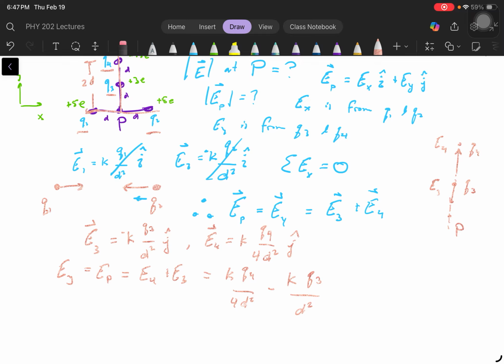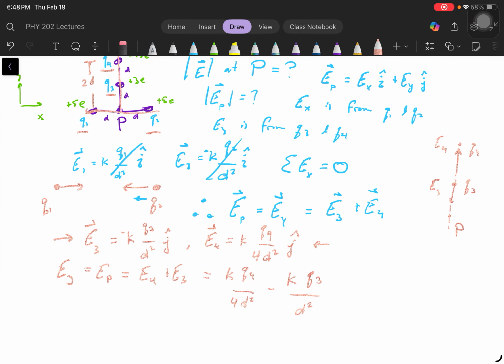I can treat them all as positives because the minus sign was taken into account doing this. And it is a little counterintuitive. The positive one got the negative sign and the negative one keeps the positive sign. But that just has to do with how we define our coordinate system, and the direction of the electric field is dictated by the charge, but you can have a positive electric field from a negative charge because you're defining the direction as being positive or negative, not the charge anymore.